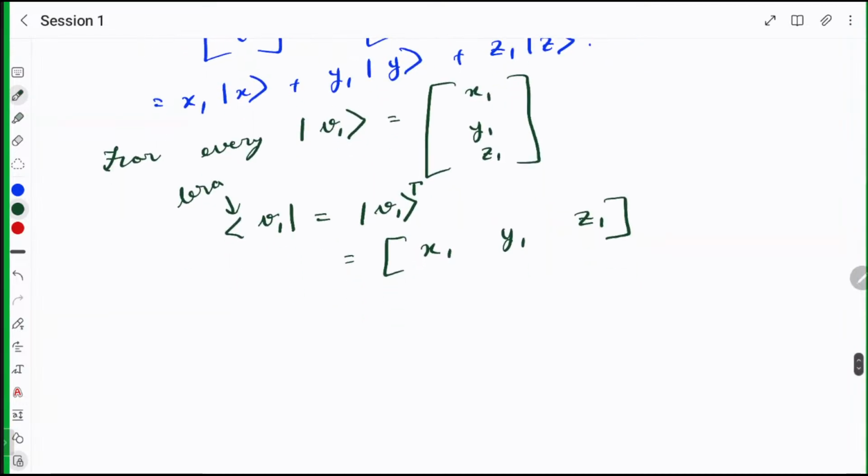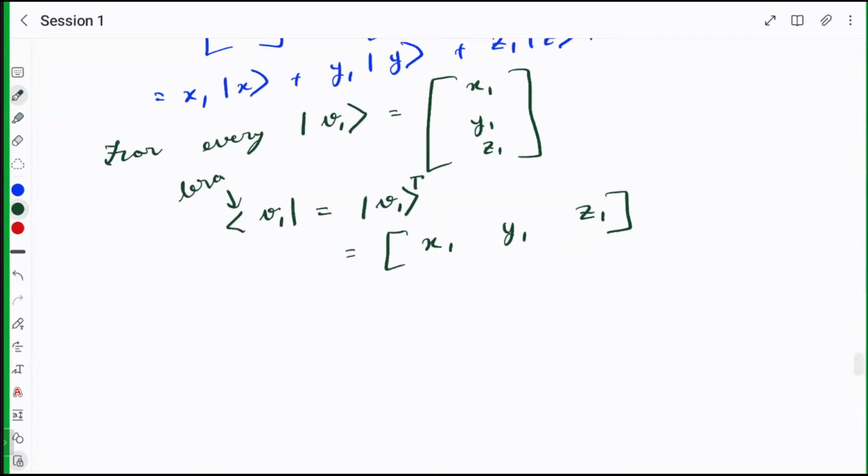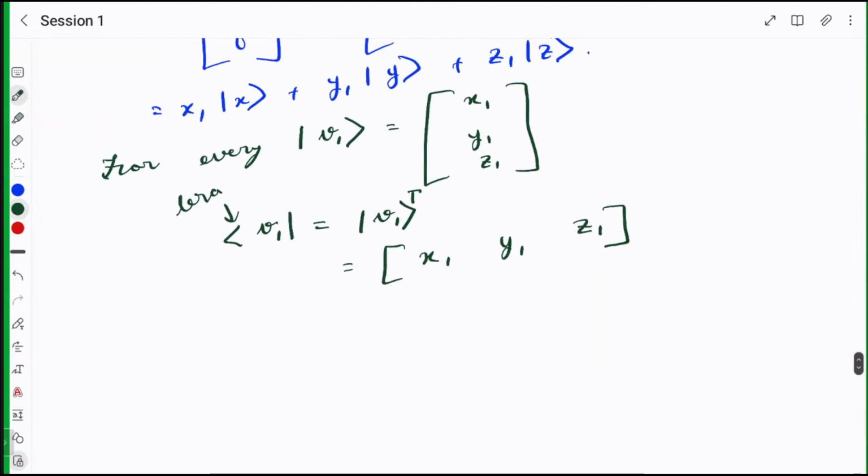Now, under this notation, how would I define the dot product? Like the dot product between say v2 and v1 used to be v2 dot v1. Like the notation used to be like this. How do I write this notation? So the dot product, what did it give me?